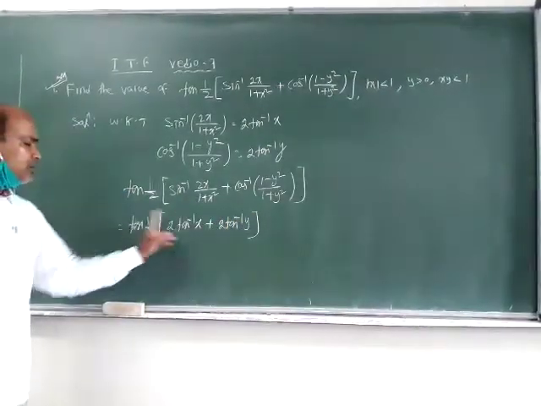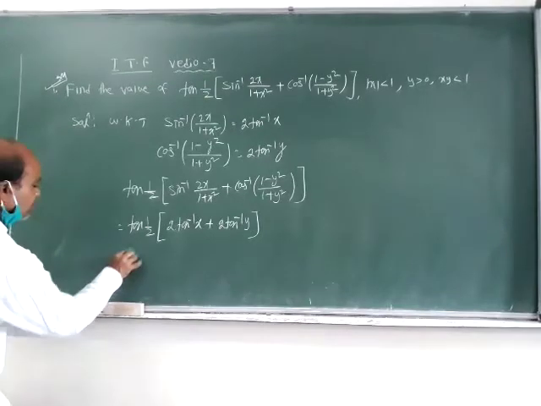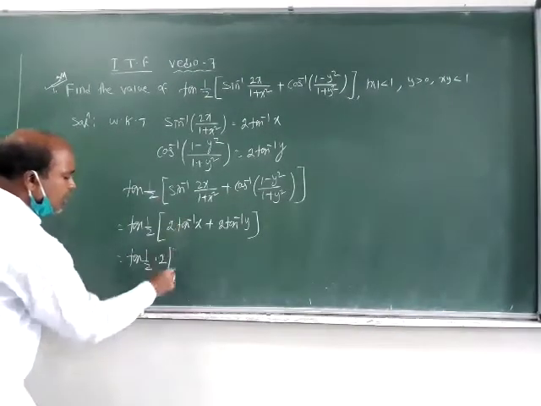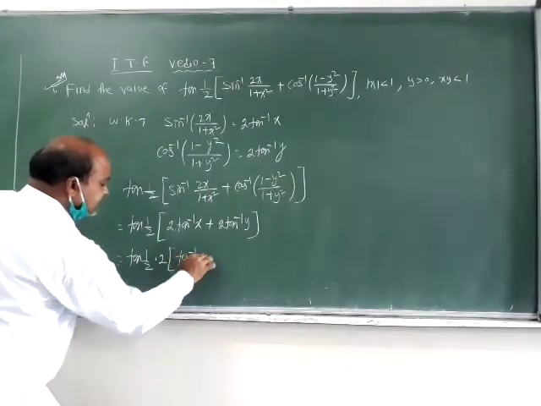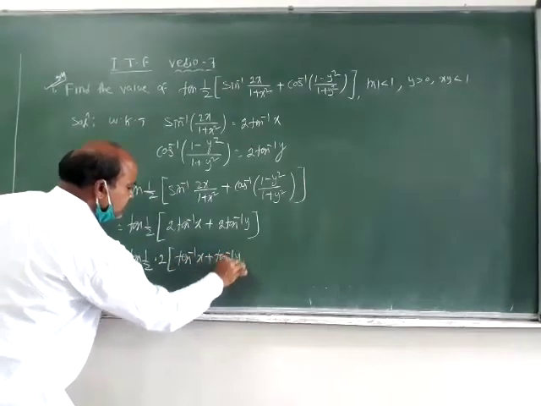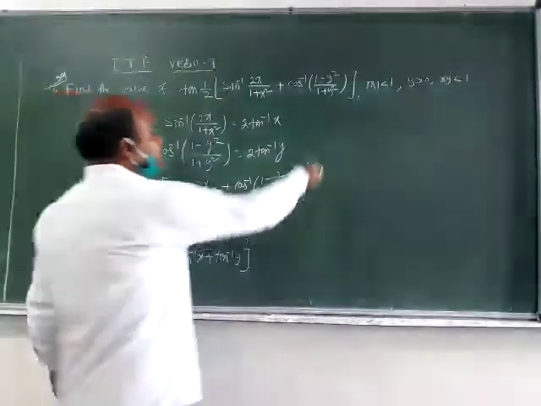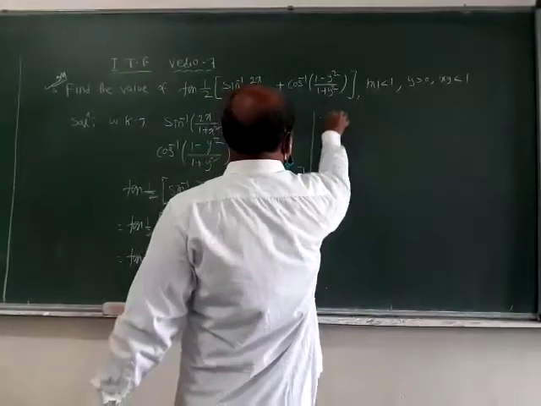Now we can take 2 common. So when you take the 2 common, tan 1 by 2 into 2 of the bracket contains tan inverse x plus tan inverse y. The 2 is cancelled. After the cancel, what is the term left?